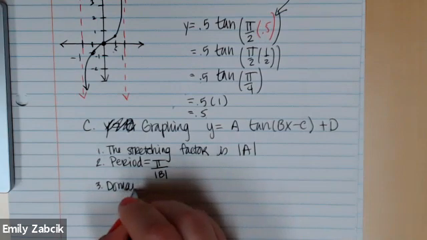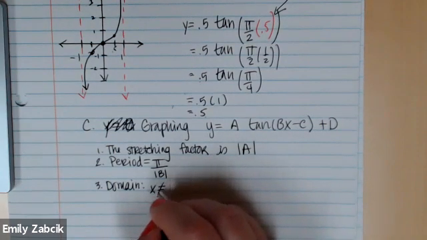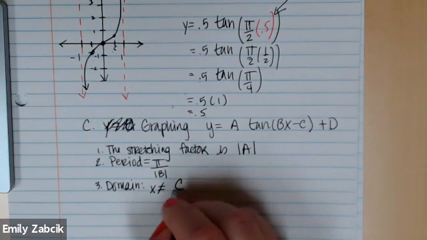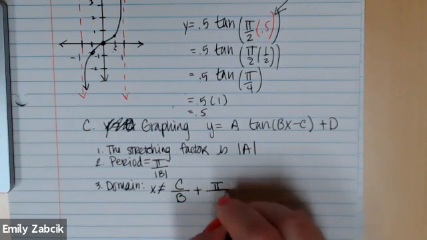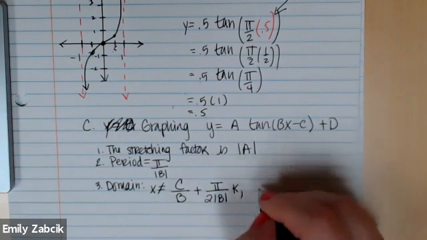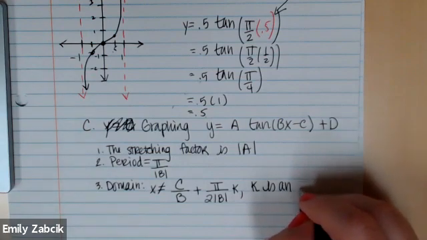The domain is anywhere that x does not equal c over b plus pi over 2 absolute value of b times k, where k is an odd integer.